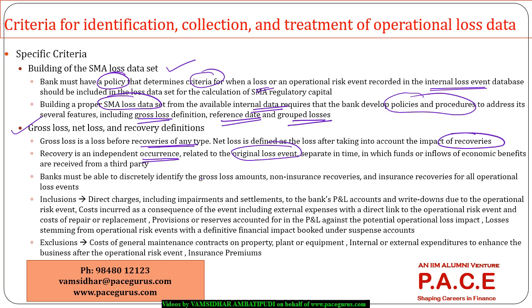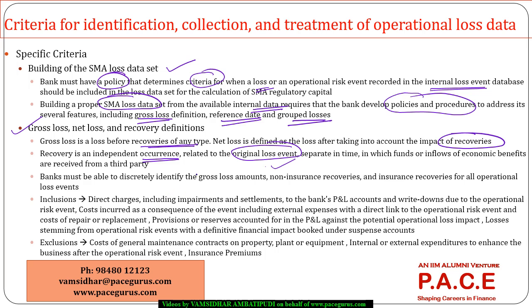So recovery again differs from party to party. It's based on the original loss event, and to what extent there are inflows and outflows that are happening from the third party. So that could be one of the major sources of recovery.